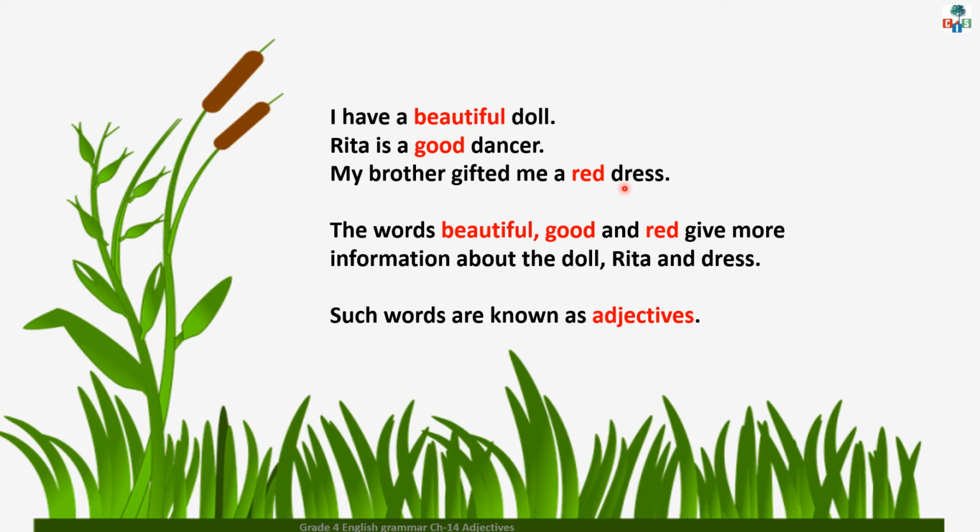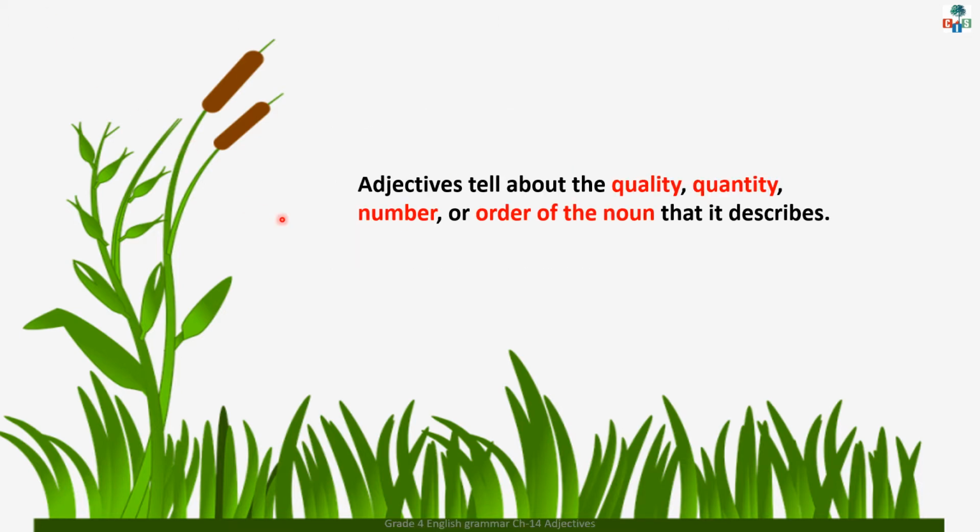Dress is a noun, and before this noun we have used an adjective. So adjectives are usually placed before the nouns. Adjectives tell about the quality, quantity, number, or order of the noun that it describes.